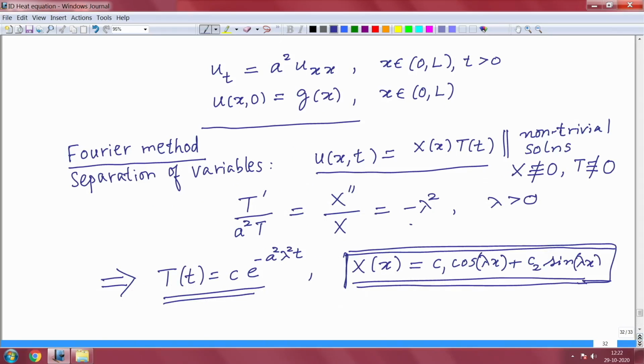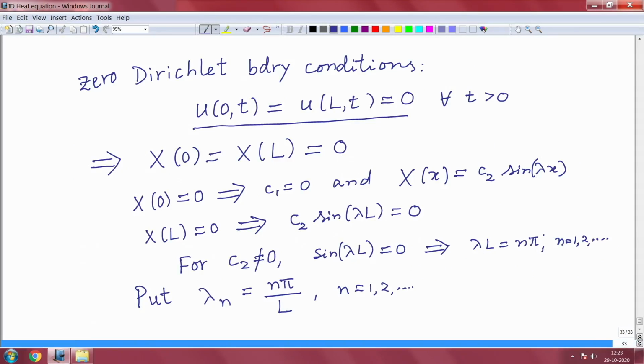In order to find the non-trivial solutions, the lambdas will form only a discrete set, and in this particular example that discrete set is given by n pi by L, and then the corresponding solutions.